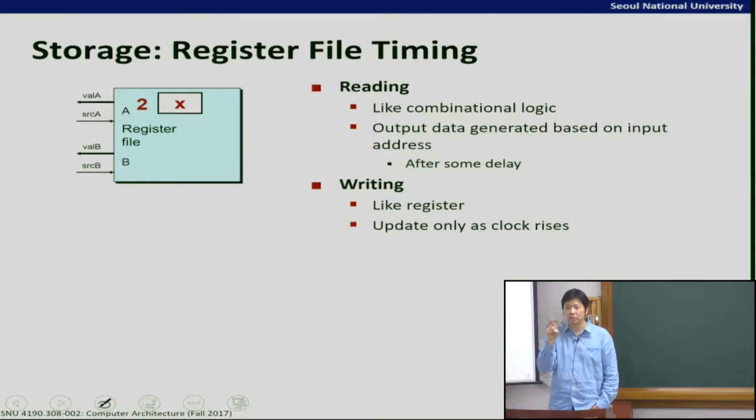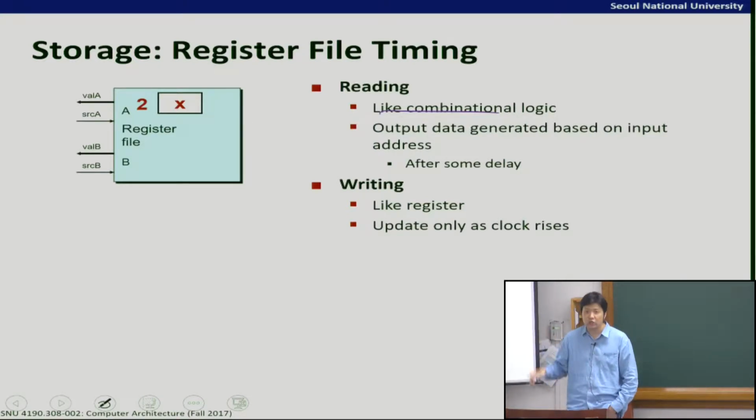If you change the address input, then the output will continuously change. So in that regard, it's somewhat like combinational logic. The output data is generated based on the input address after a little bit of delay. It's continuously changing. But for writing, it's different.